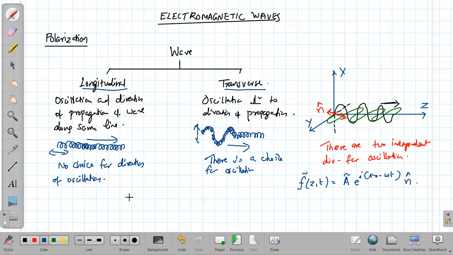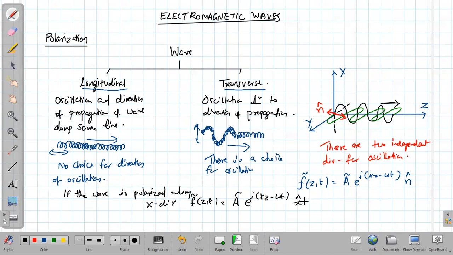So if the direction is along x direction, how will we write it? If the wave is polarized along x direction, then how will you write f tilde of z, t? If it is polarized along x direction, that is this black wave. Then we can write it as a tilde e raised to i(kz minus omega t) x cap.